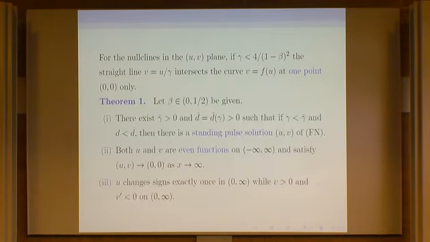Okay, so for the second equation, the nullcline is U minus gamma V equals 0. That's the nullcline for the second equation. And the first equation basically is V equals F of U. That's the nullcline.